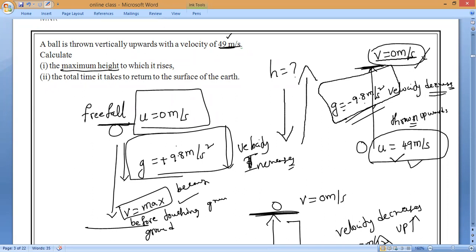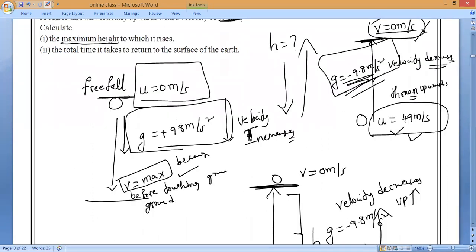That is why G value is negative. Next, free fall case, body is also falling like this, gravity also like this. That is why G value is positive. And in free fall case, initial velocity is zero, but it will come at up. And before touching the ground, maximum velocity. That is what final velocity. Understand, Mr. Kaushik?